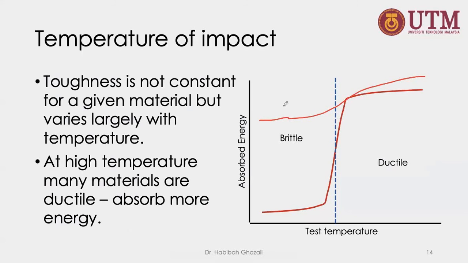Or kalau pun macam ni, maybe something like this. Okay, shifted to the left, or the changes in terms of the absorbed energy over the reduction of temperature is not really significant. If possible, flat like this. Okay, meaning it doesn't show the transition from ductile to brittle when we decrease the temperature.